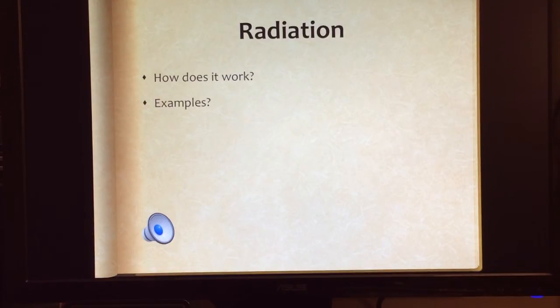Something like a cup of hot chocolate probably will not radiate the same amount of heat or energy as something such as the sun. Now, many objects radiate heat as infrared waves. Therefore, we don't visibly detect this radiation.